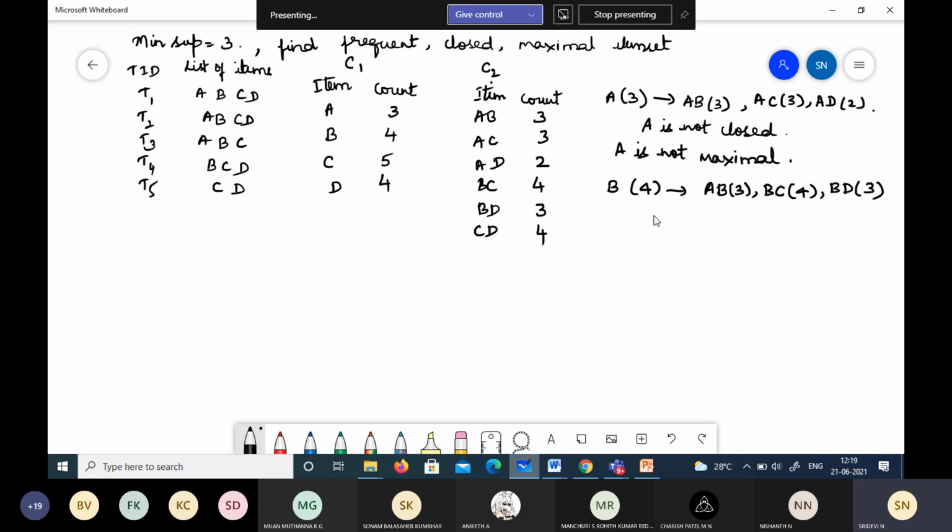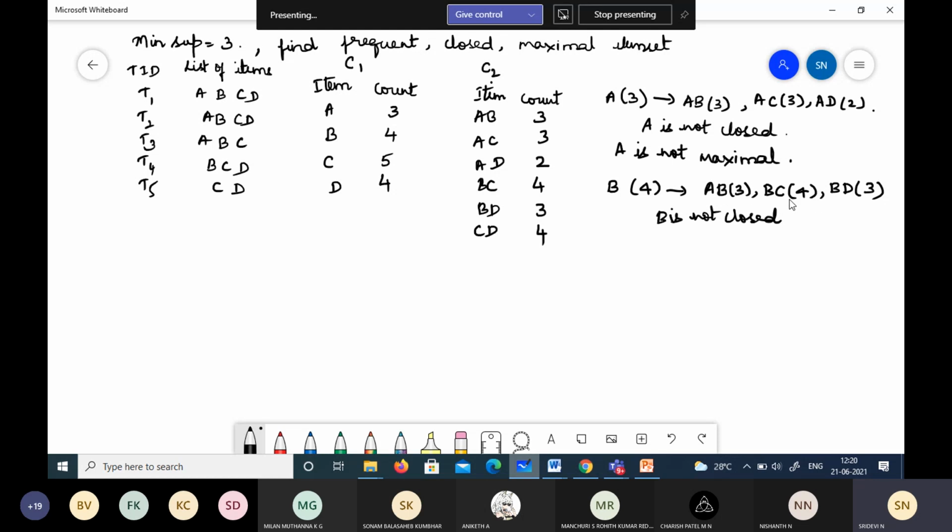Here again B is not closed because one of its supersets has count 4. If this had been lesser than this value, then we would have taken it as closed. The immediate supersets' support count should be less than this, then only we can say it is closed.